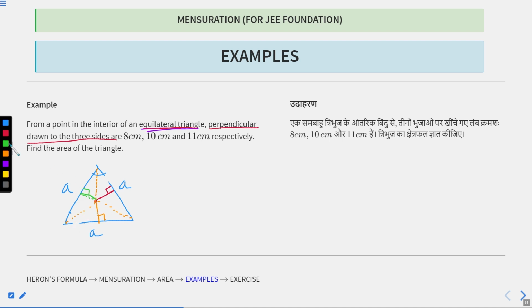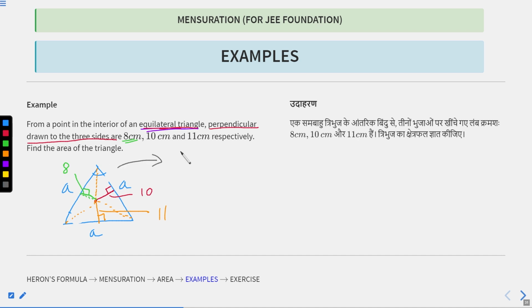I hope you see. So this green one is 8 centimeter, this red one is, suppose, 10 centimeter, and this orange one is 11 centimeter. So we have to find out the area. If you see, from the whole triangle I am taking out three parts.